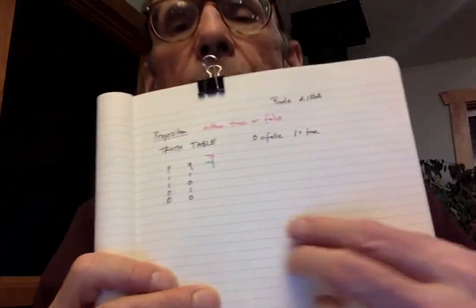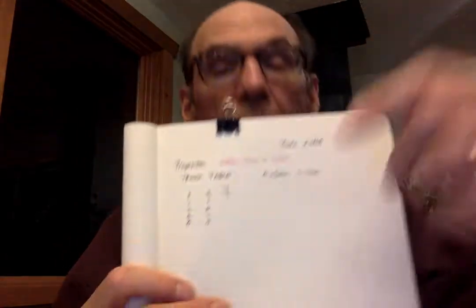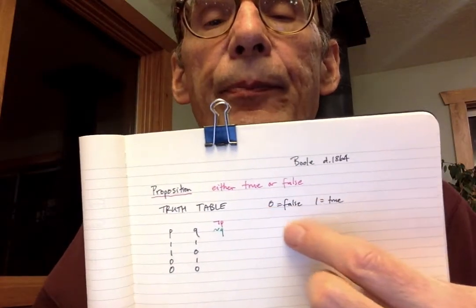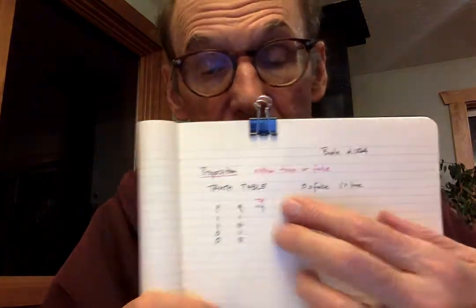Okay, so the first thing that we're going to do is, I'm going to write this two different ways because there are two different ways that people write it. So this is negation. The symbol for negation is this funky little L or a tilde. Either way, you can say that you're going to negate something.